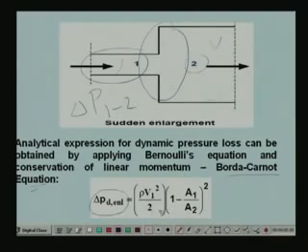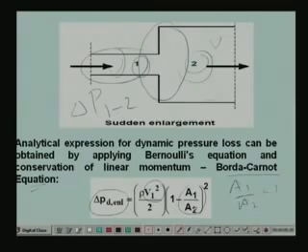So this is given by this equation, rho V1 square by 2, where V1 is the velocity before the enlargement, right, multiplied by 1 minus A1 by A2 whole square. Okay, so A1 is the area at this point, A2 is the area at this point. Obviously, A1 by A2 is less than 1, right.